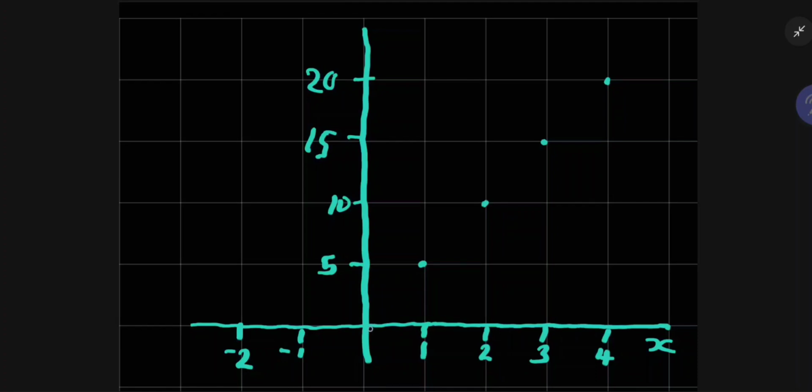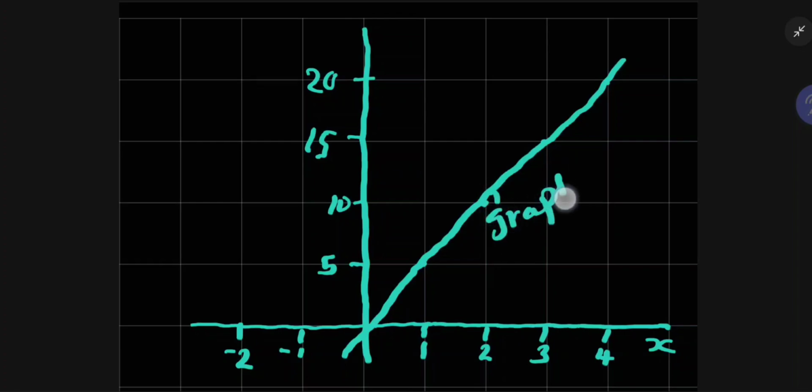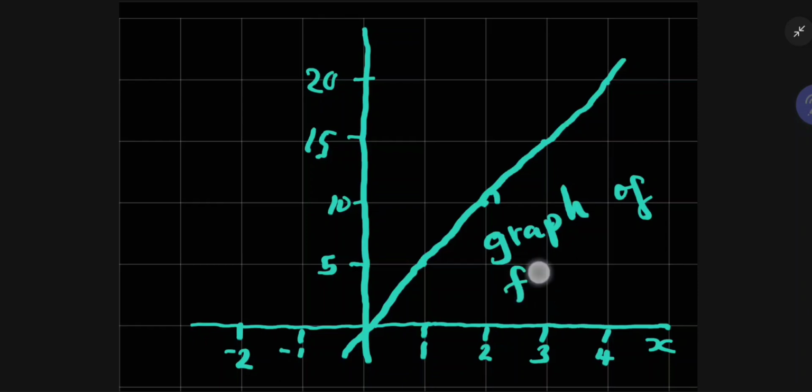So when you join these points, this is supposed to pass through the origin. So when you join these points, this is the graph line. In this case, for every input we had, our output was 5 times the input. So it means that this is f of x equals 5x.